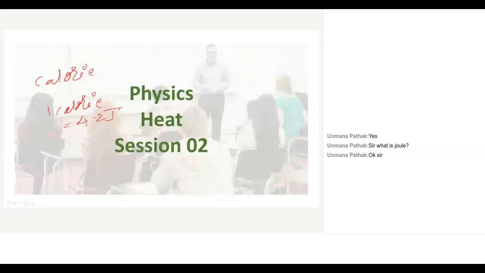The object which is having more heat energy will have high temperature. The object which is having less heat energy will have less temperature. So temperature will tell us how much heat energy is there in that object. That's why we define it like this: the degree of hotness or coldness of an object will be called temperature. Tell me, Vatsala.